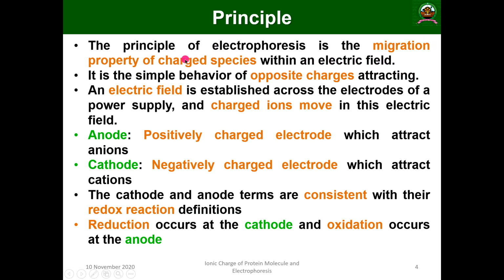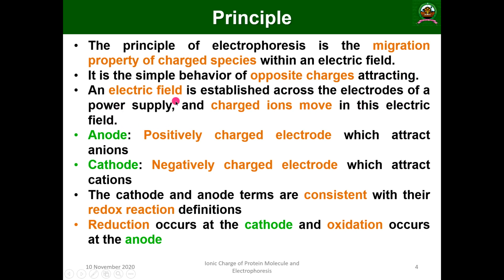It is simply the behavior of opposite charges attracting each other: opposite charges attract each other, and same charges repel each other. An electric field is established across the electrodes of the power supply, and the charged ion moves in this particular electric field.